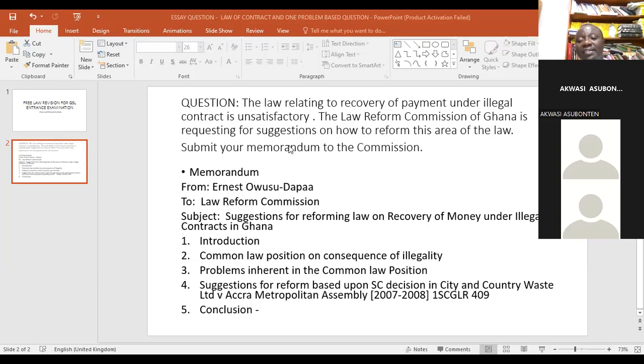Unjust enrichment in the sense that if you are to apply the common law rule of illegality strictly and say that no payment should be made, are you not going to also encourage a situation where one person will have benefited immensely under the so-called illegal contract, and yet the one at whose expense that benefit has been created is not going to get any payment?